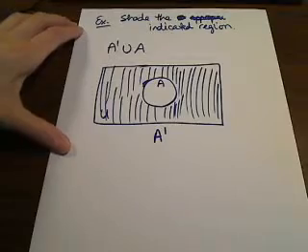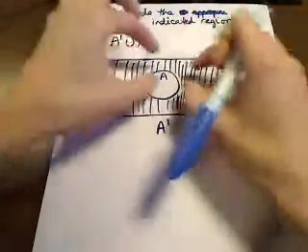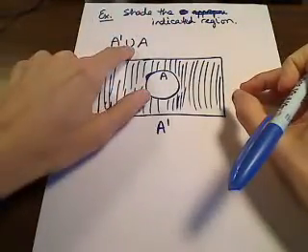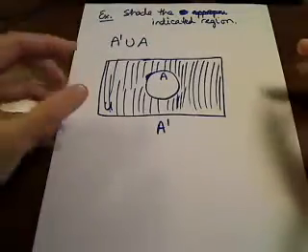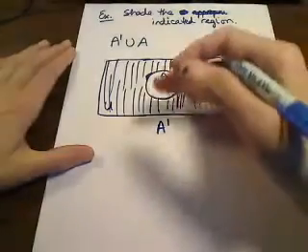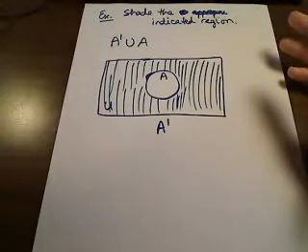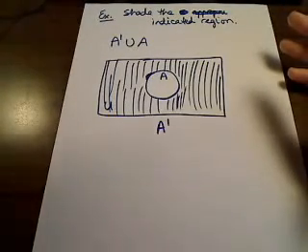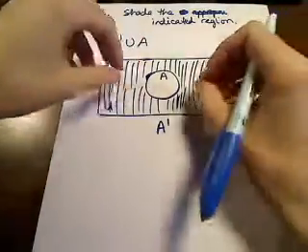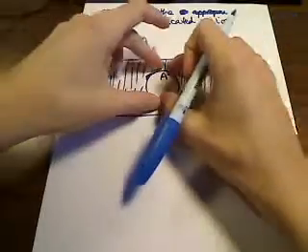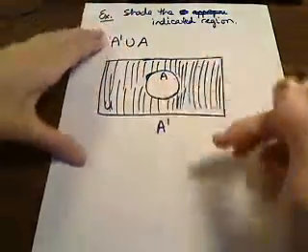Okay. Now, if I then want to take my A naught, which is all of this shaded region, and union that with A, and A is this region that isn't shaded, then you can see the shading that I would have. By the way, when you shade, you're showing the region that is part of your solution. So A naught is represented by all this shading. If I union that with A, I would actually shade in here.